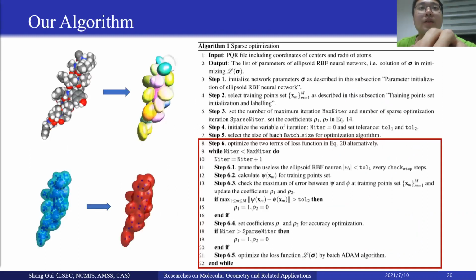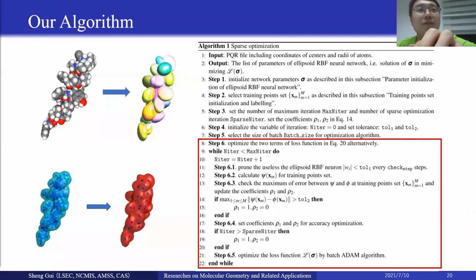Okay. After initialization of the ellipsoid RBF neural network, the sparsity of the Gaussian RBF representation is computed by minimizing the loss function.